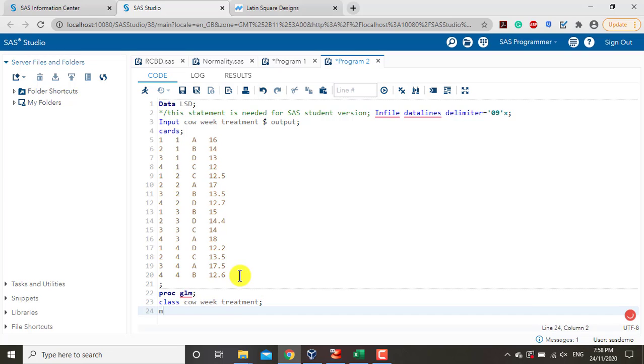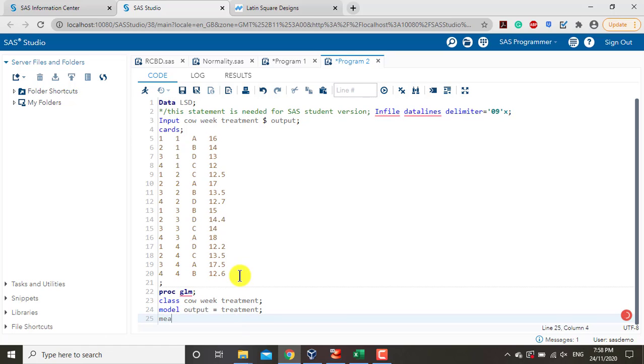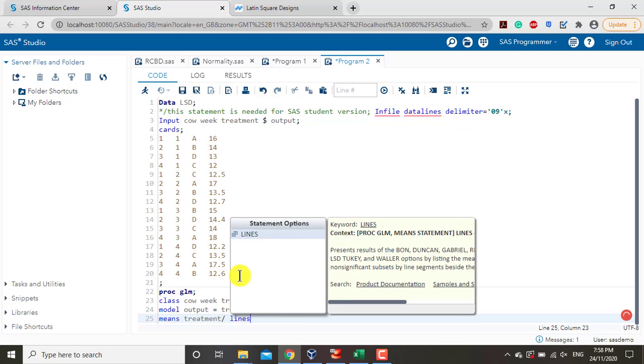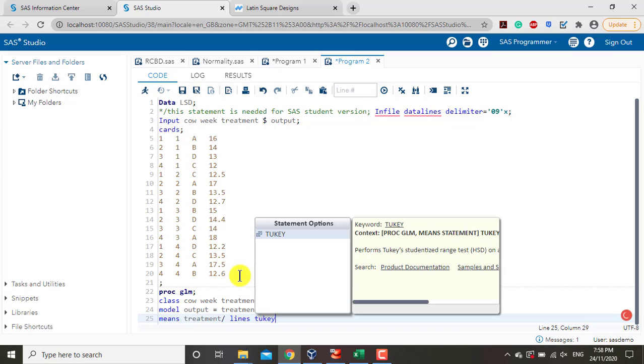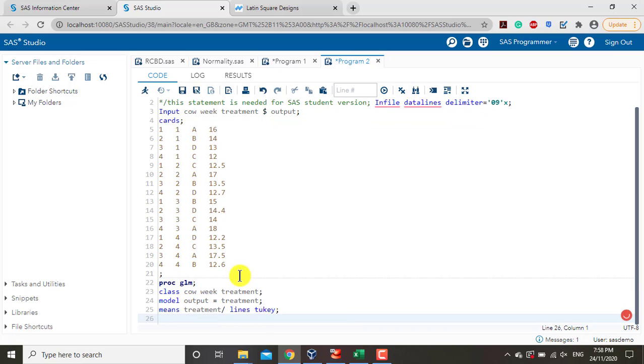And our model is, because you want to know the effect of treatment on output, output equals treatment, and then means treatment. You can do means or lsmeans, and lines Tukey, because you want to see the difference between each of the treatments. And then let's do run.